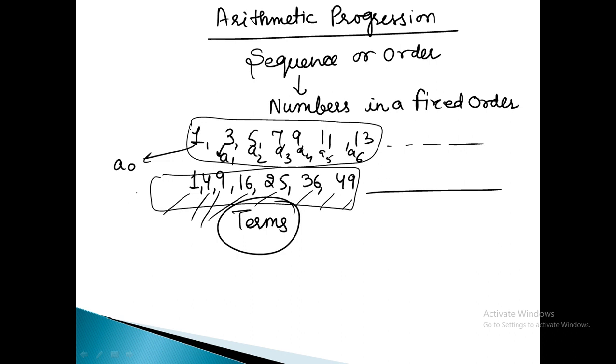Arithmetic progression is a special case of sequence where the difference between a term and its preceding term is always constant, known as the common difference. Arithmetic progression is denoted by AP.